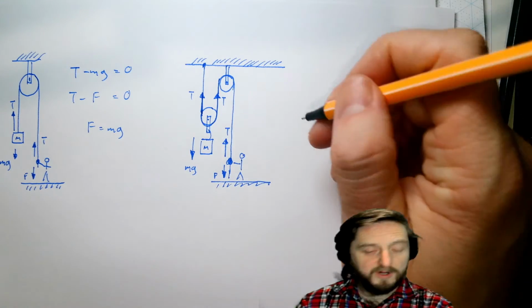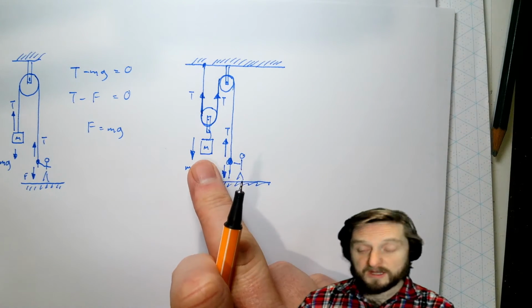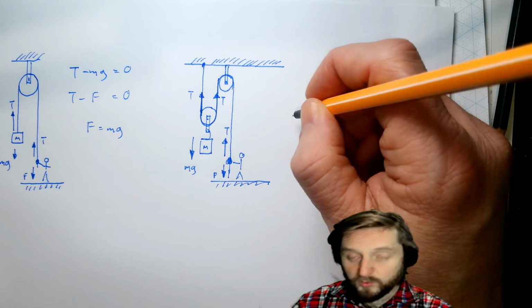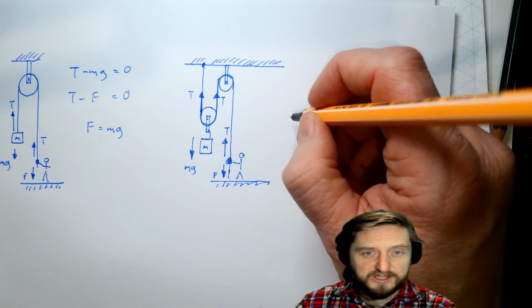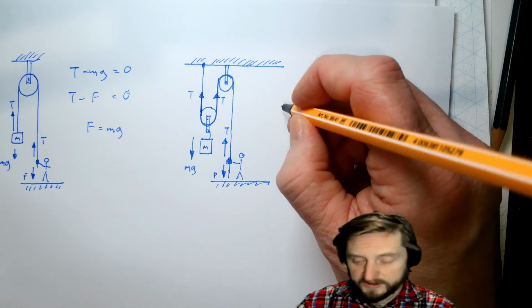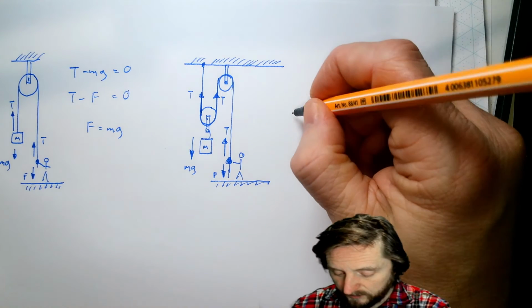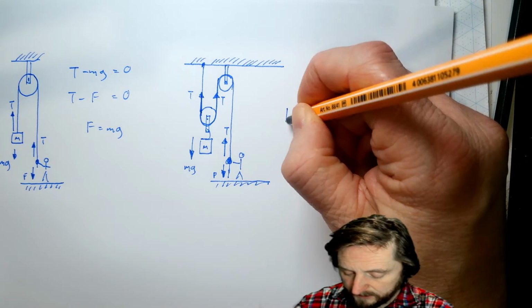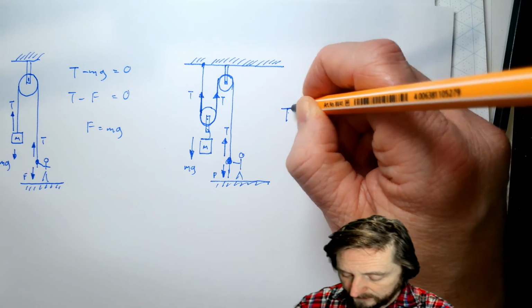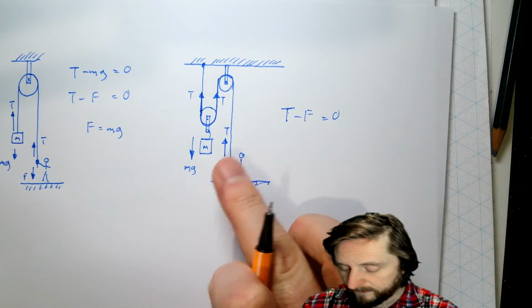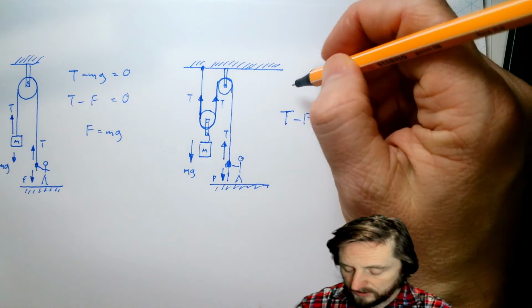So now when we write this down, if we write down the equation for our part here, again, we're going at constant velocity, so acceleration is 0. So we're just trying to pull this thing. If we apply more force, we can make it accelerate. But if we apply at constant speed, then we're going to have, again, T minus F equals 0. Okay, so the force we apply equals the tension.